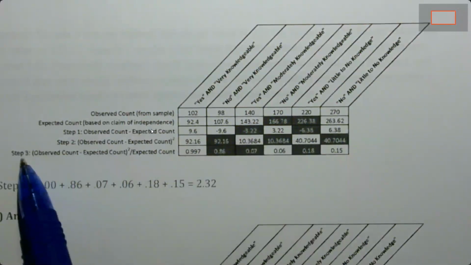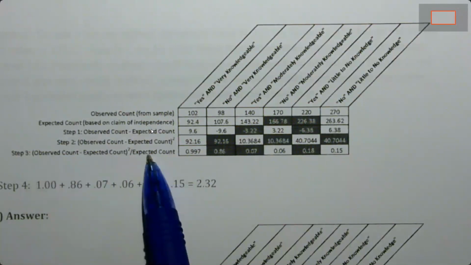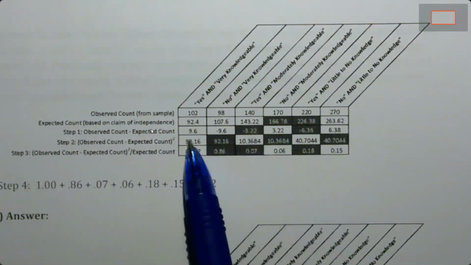We calculate these numbers, and in the next step, we raise these numbers to the second power. And then the last step before calculating the chi-square, we divide the numbers from the third row by the expected count.